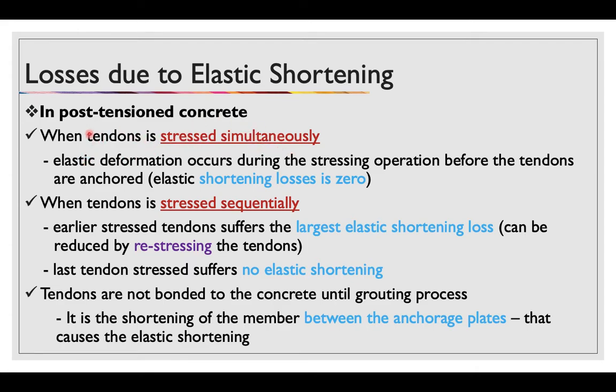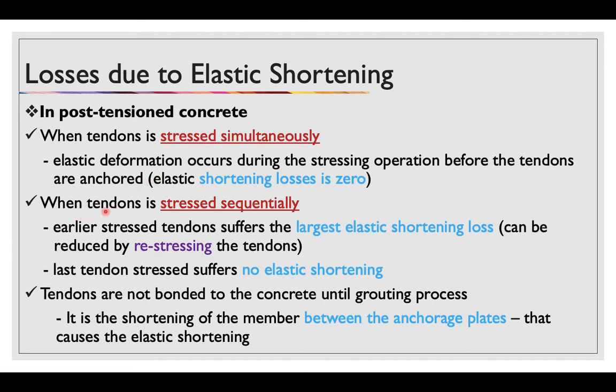In this case, we are going to have elastic deformation that occurs during the stressing operation before the tendons are anchored, and the elastic shortening loss is equal to 0. So we assume that we do not have any losses here if the tendons are stressed simultaneously.